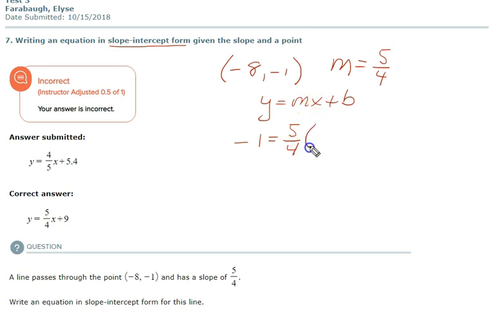Our x is a negative 8. What we don't know is our b value out here. So we're using this shortcut way to find b. Well, 4 goes into there once. 4 goes into there twice. So this is a negative 1 equals 10.